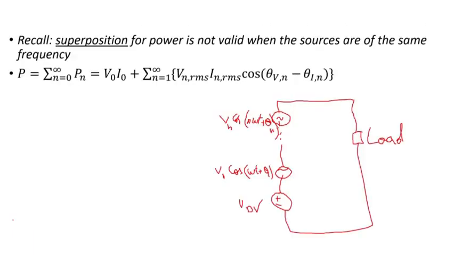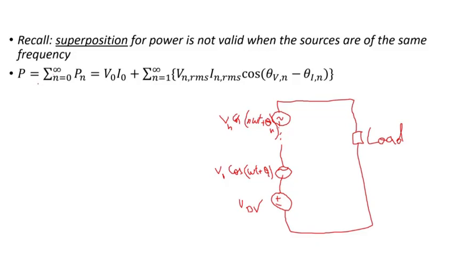Again, the intent of this video is not to go over Fourier series, but basically if you have signals that are periodic and meet certain conditions, you can write that signal in terms of sinusoids. So superposition for power is not valid when the sources are of the same frequency.